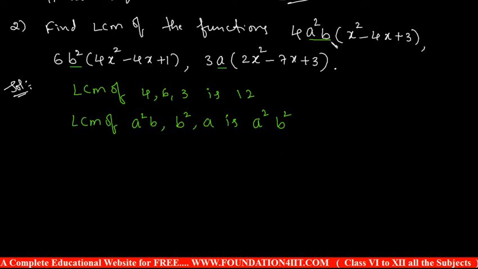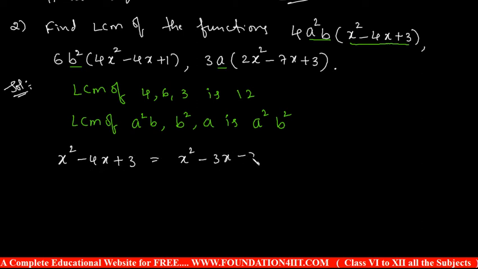Next we should see the expressions within the brackets. One is x square minus 4x plus 3. So individually we should do this now. x square minus 4x plus 3, you should do factorization. The factorization concept you already know. x square, the constant is 3, the middle is minus 4x.